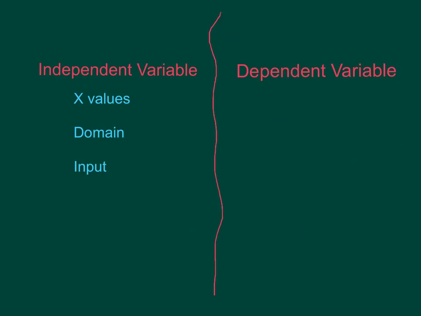So now let's think about the opposite of an independent variable, dependent variable, and what words would correspond with that. The dependent variable corresponds with y values, which is also considered the range of a relation or function, and the output value.